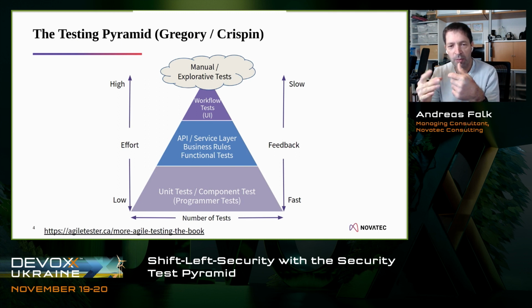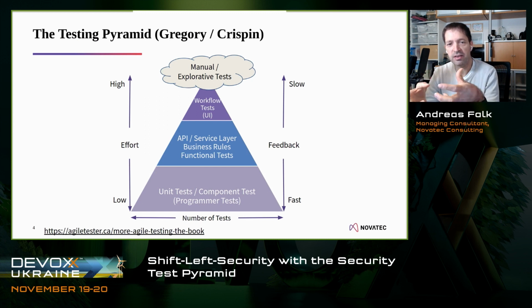On the top, they name it workflow tests, because these must not only be UI tests, but can also be acceptance tests based on calling some flows of combined REST API calls. And at the very top of that pyramid, they also introduce the manual exploratory tests.